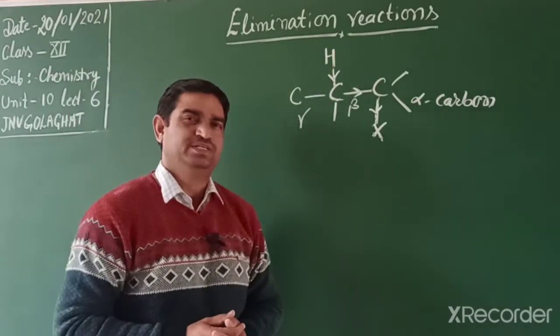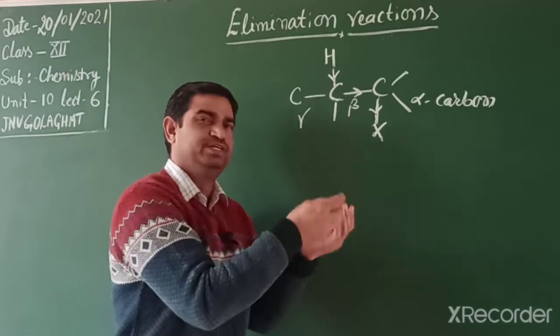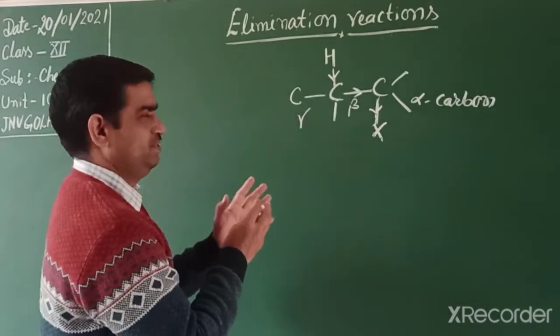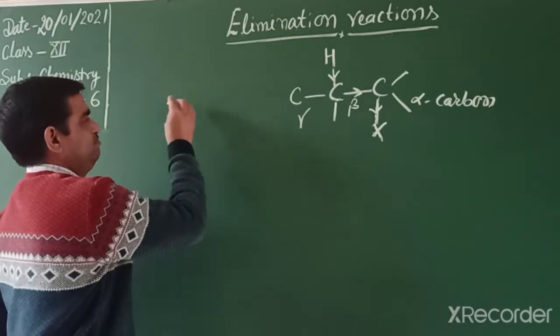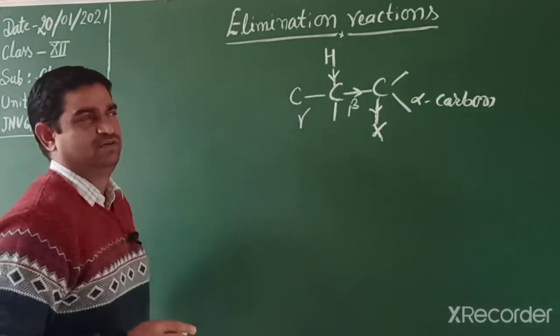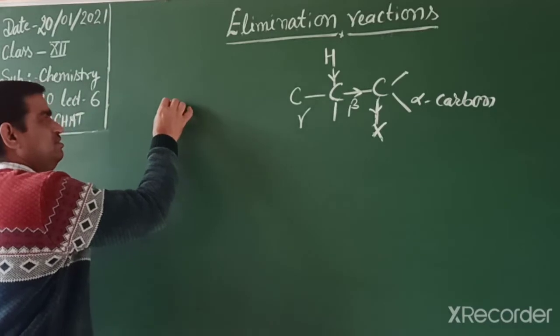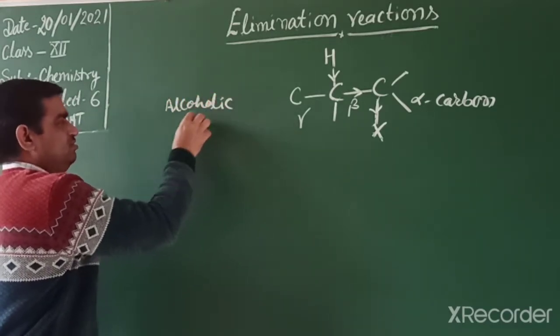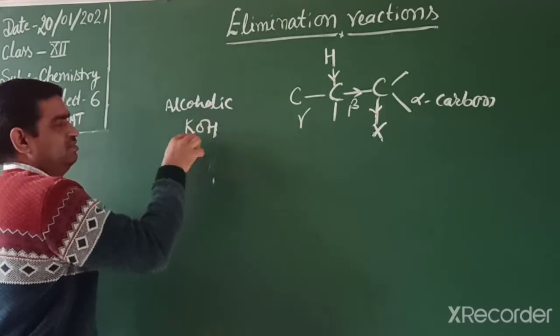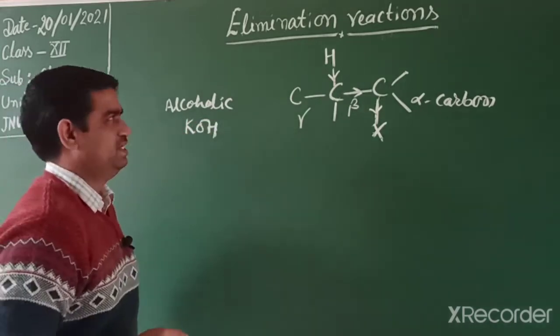What do you mean by acidic? That hydrogen is easily removable. So, if we use any compound that is basic in nature, if we use alcoholic potassium hydroxide, this acts as a base.